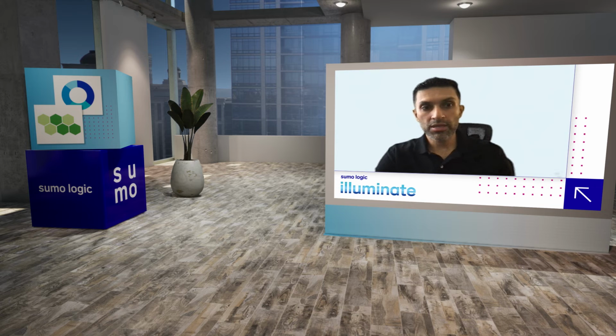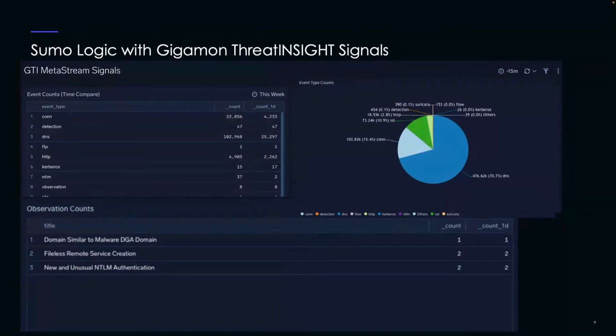So if we look at the Sumo Logic with the Gigamon Threat Insight Signals dashboard here, you're seeing a few different representations of this, right? So number one, you've got the events that I talked about earlier, right? Those are just events coming from our sensors as they're deployed in a customer network, and essentially giving you not only counts, but these are all drillable actions, right? So you can get into how many connections were created, but then what were those connections?